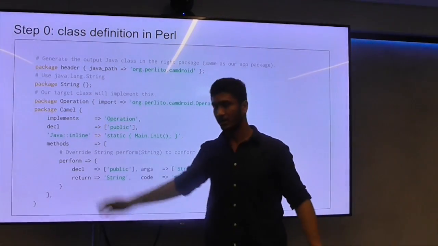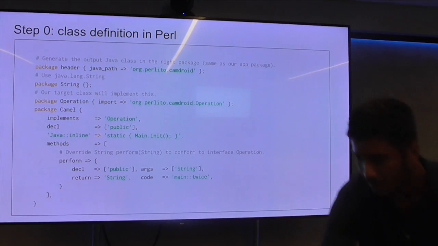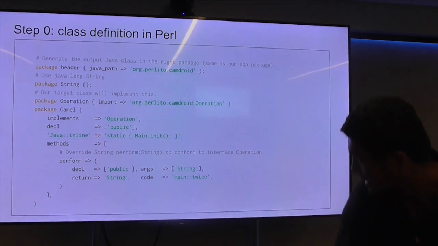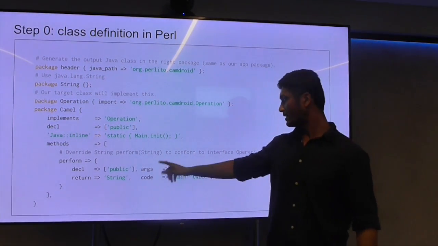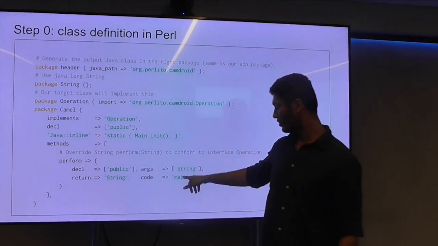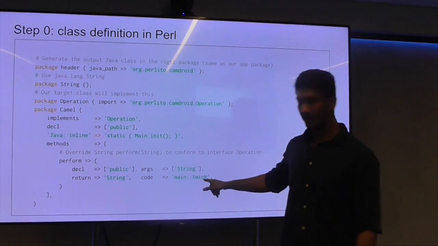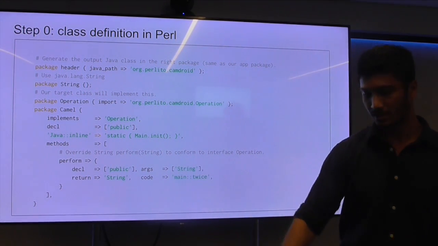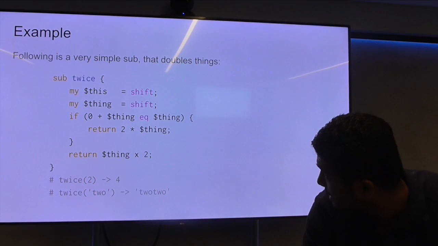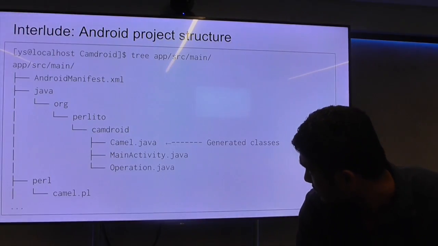It is a public method that takes a string, returns a string, and the most important bit, when called, it will call the Perl function main twice, the sub that we just defined in the main namespace.